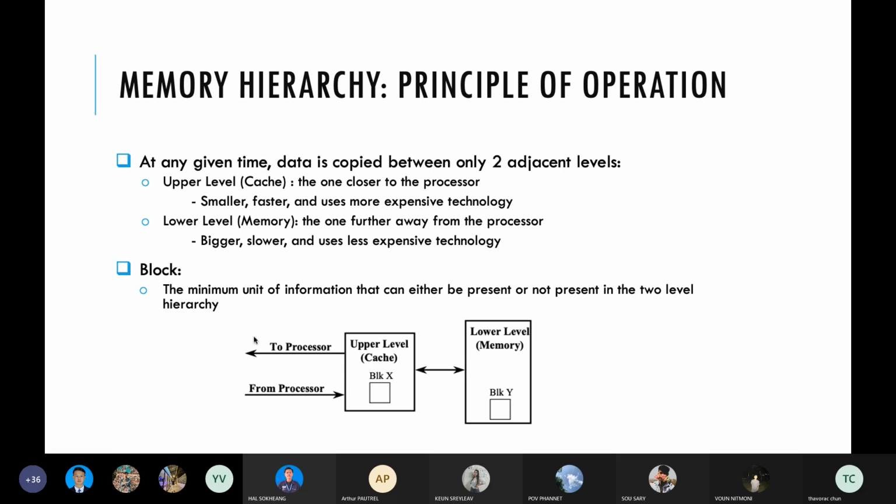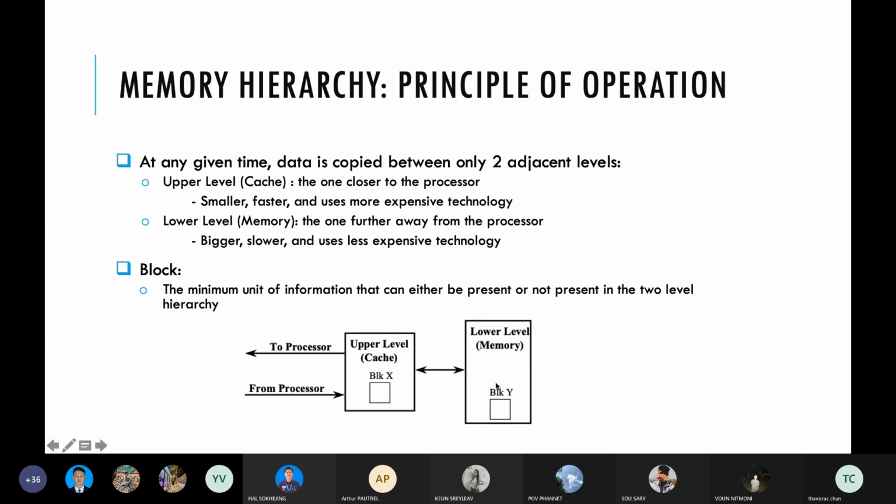Because we want to use the two concepts that you saw in the previous slide, the locality of reference and spatial locality. So the concept here is that when the CPU makes a request to the cache, and if the data is found in that cache, it will return the data to the CPU and there is no more procedure. But if the data is not found in the cache, you need to find the data again in the main memory or the primary memory.